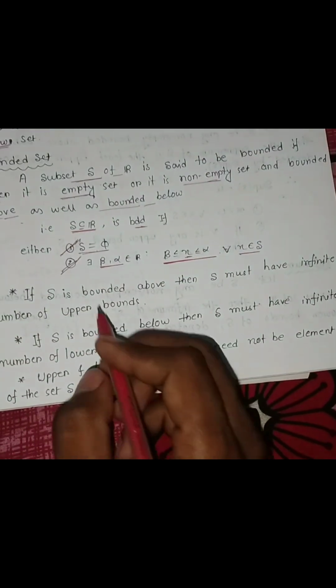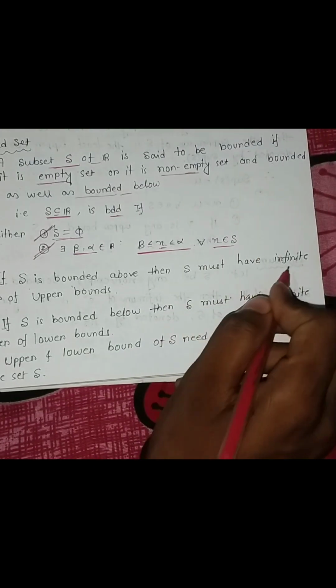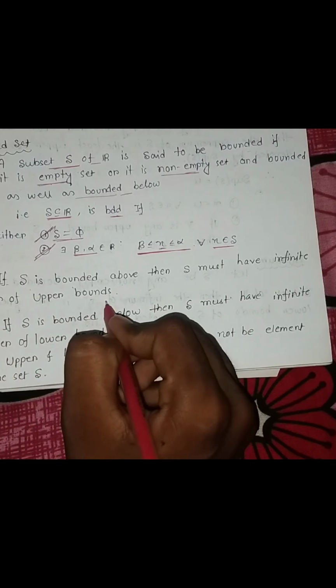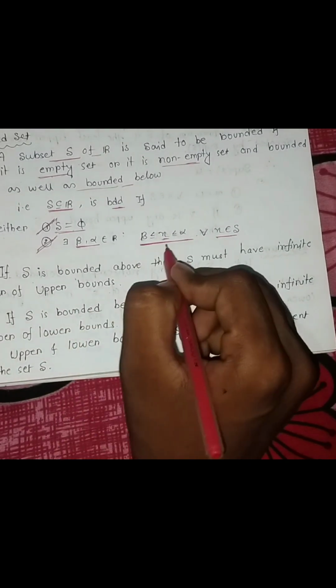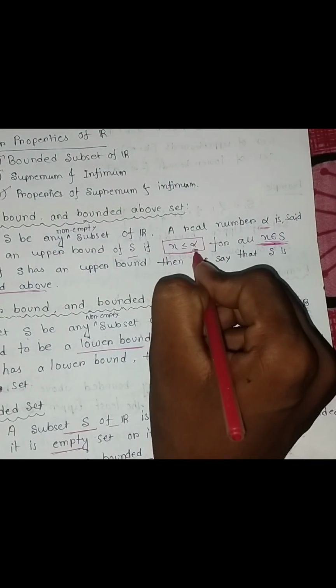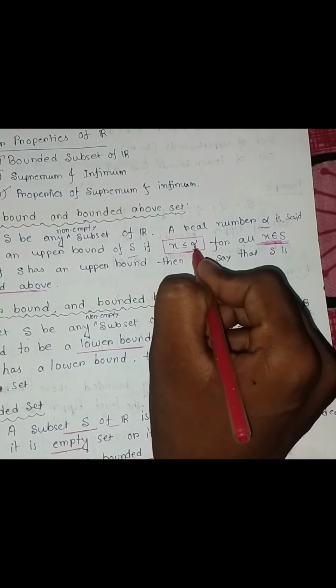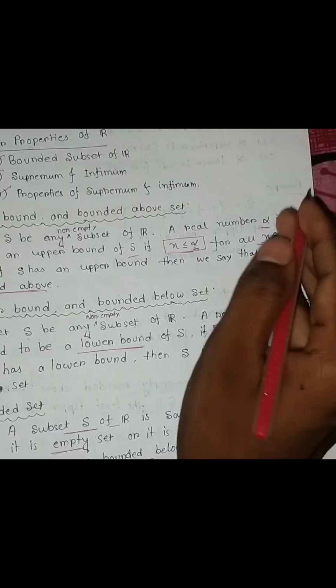Now some important properties on it. First property: if H is bounded above, then H must have an infinite number of upper bounds. You can see here it is bounded above by alpha. Then what is the value of alpha? It can be 5, 6, 7, 8, 9, 10, anything.